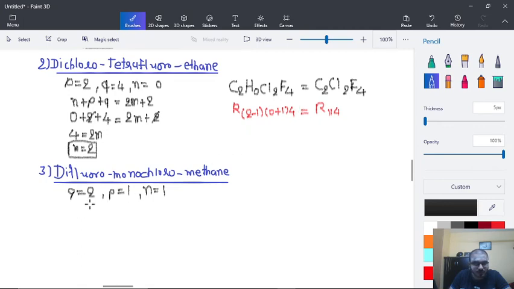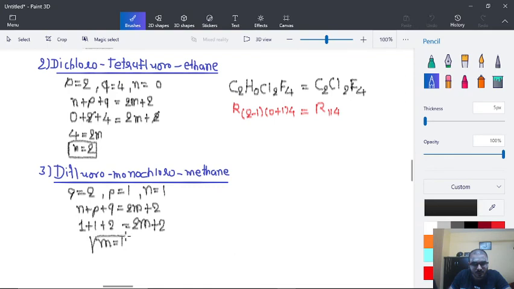So again N plus P plus Q is equal to 2M plus 2. So 1 plus 1 plus 2 is equal to 2M plus 2. So M is equal to 1.